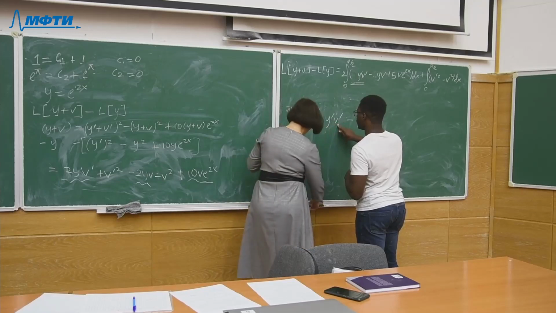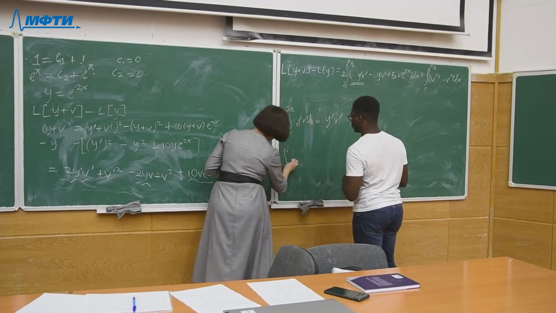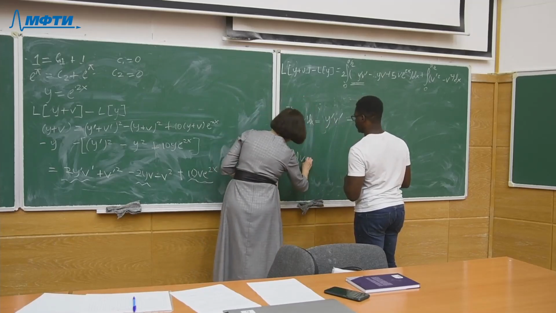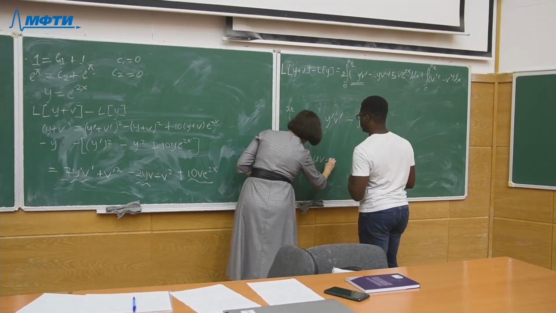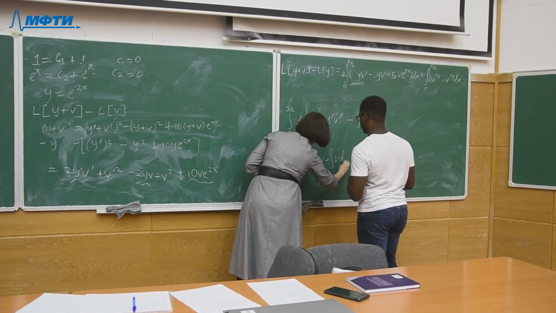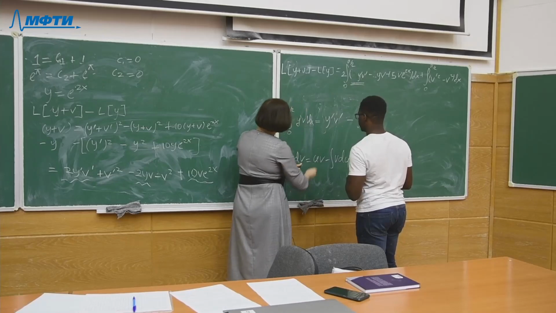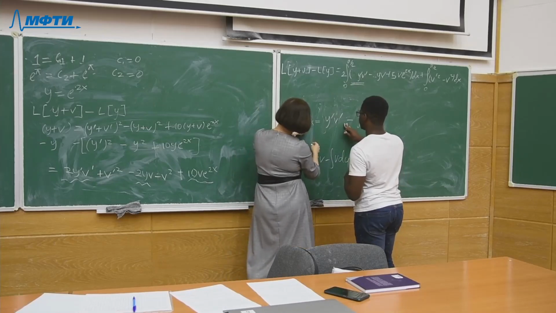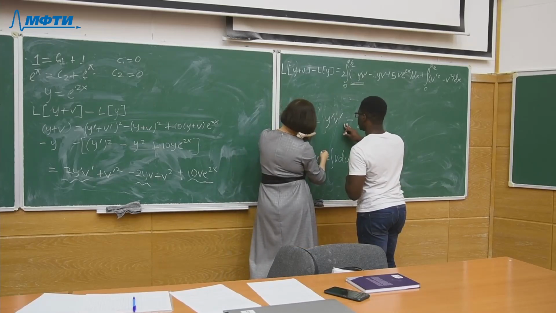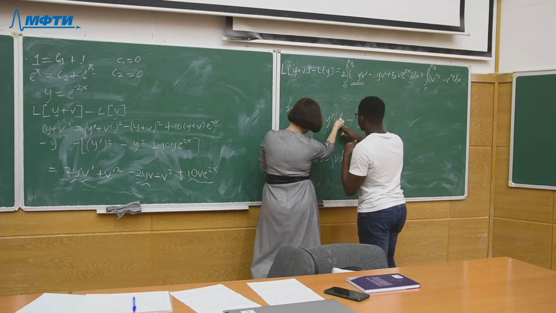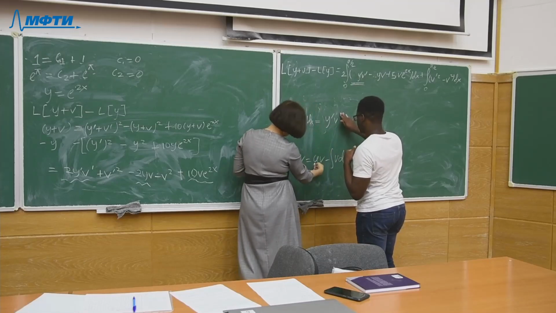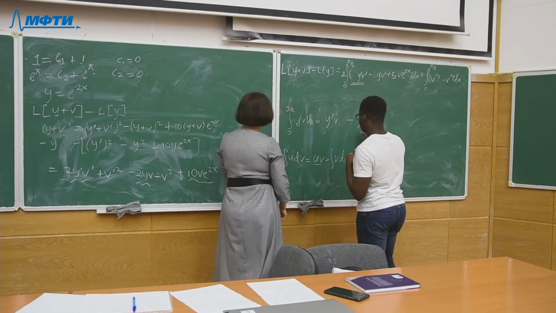The formula of integration by parts is u dv equals uv minus the integral v du. So if we move v under the differential, we will get just v, not v prime.